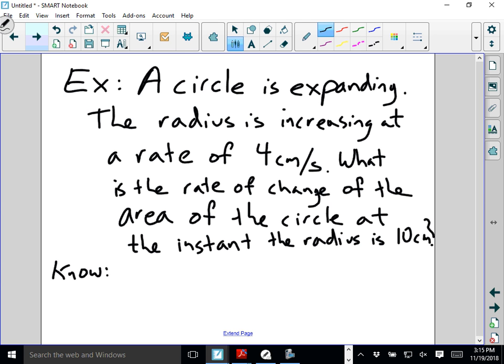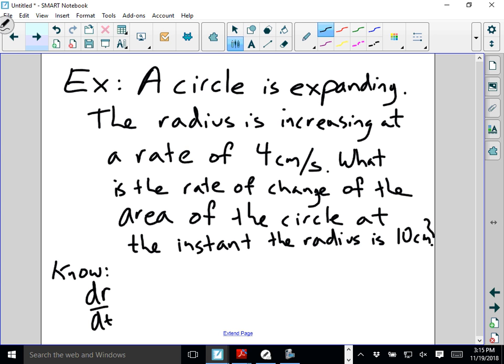So the rate of change of r is 4. The way we write that down, this is a rate, and rates are derivatives. It's the derivative of the radius with respect to time. So what I write in my know column is dr/dt equals 4.